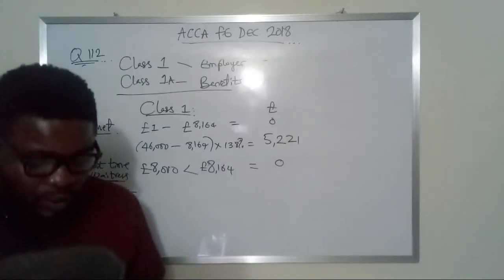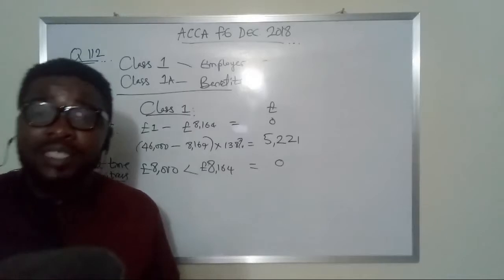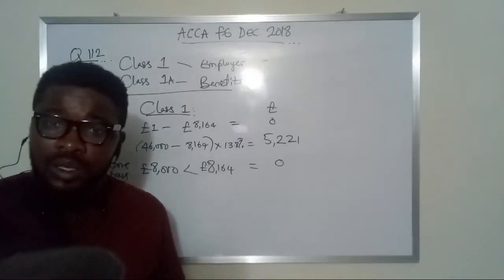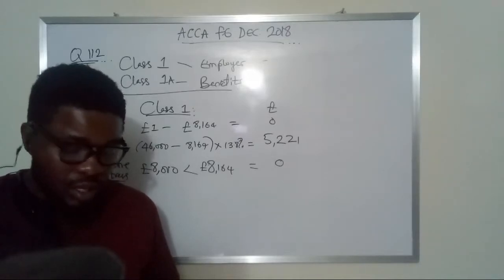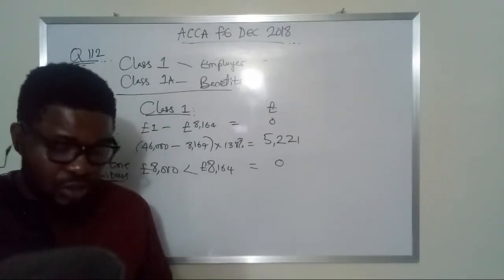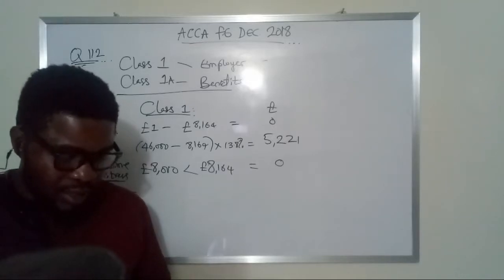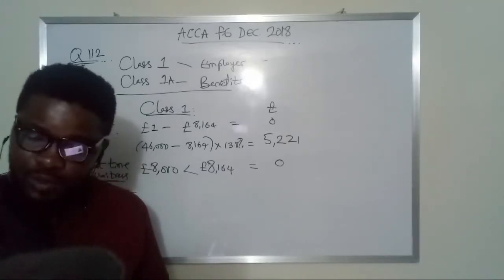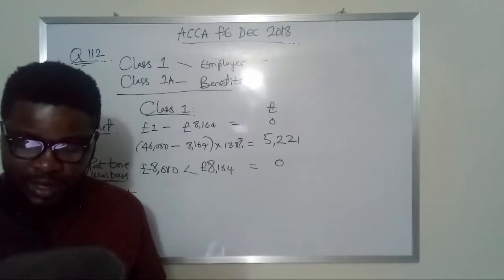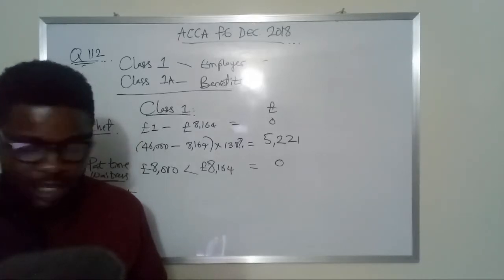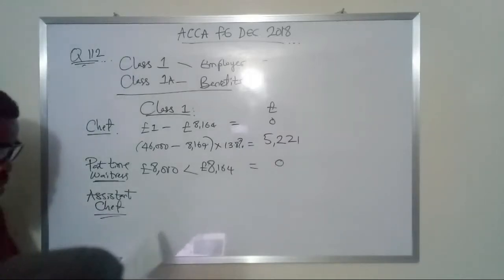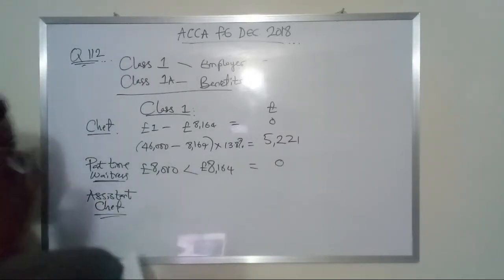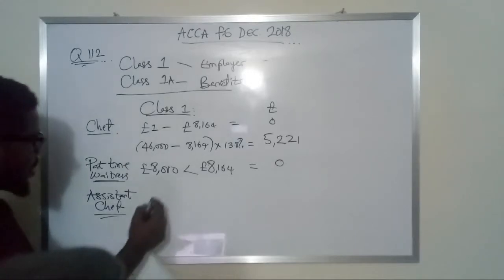For the assistant chef who was employed for 8 months from 6th of August to April, if you want to do it on a yearly basis, that's August, September, October, November, December, January, February, March, April. That should be 8 months.